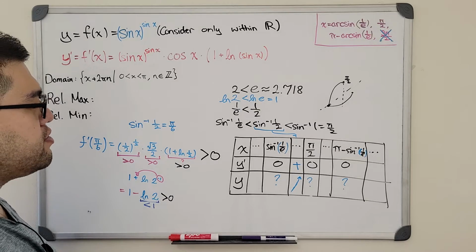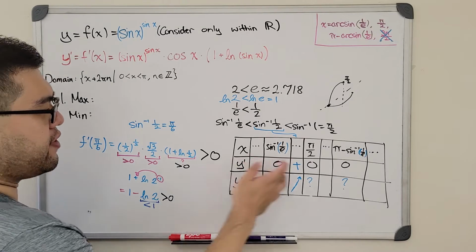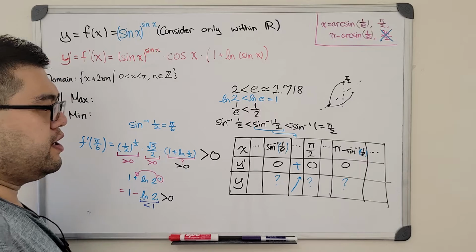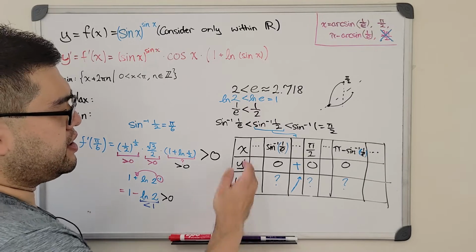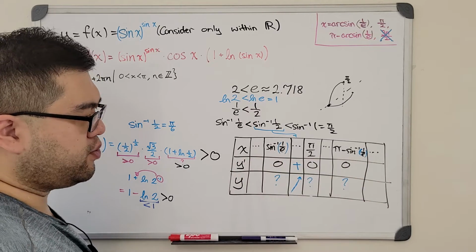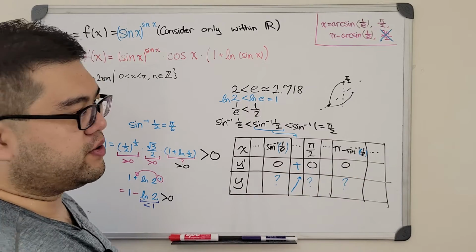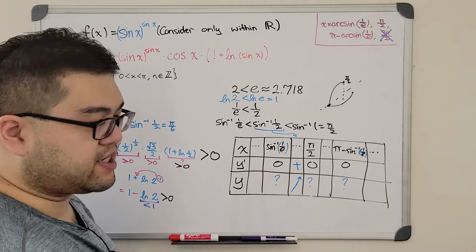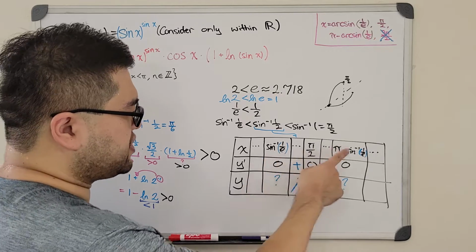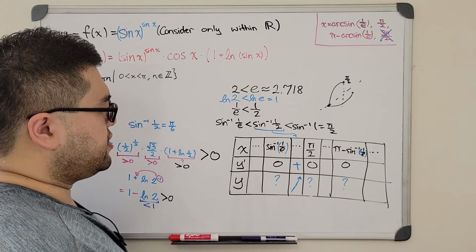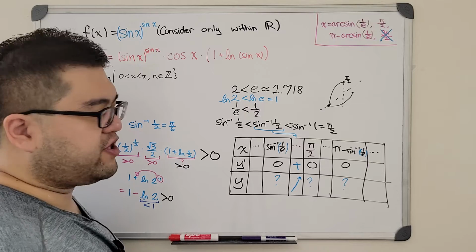So we can actually use the same method to figure out the rest of the signs in each open interval, so that once we complete it, we'll be able to determine whether we get a relative maximum or relative minimum for each special value. And I'll pause the video right here.